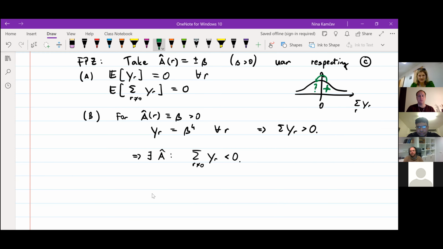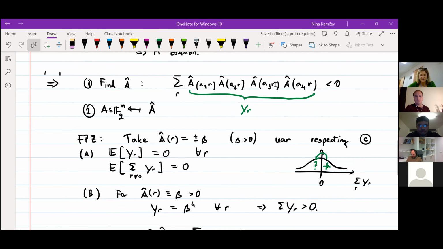Okay, so briefly on this point A, because this is where we actually use the assumptions on the coefficients. The key observation was that this random variable YR has 0 expectation. And there we picked out one coin that's independent of the other 4.